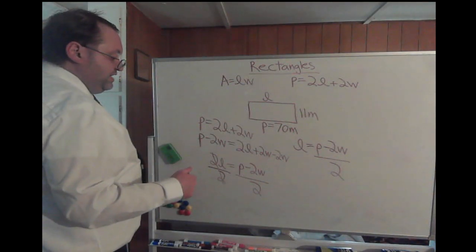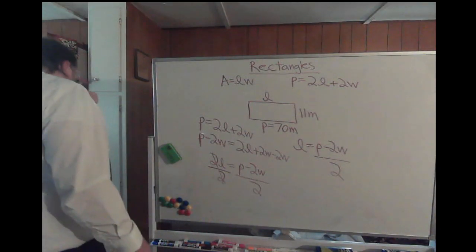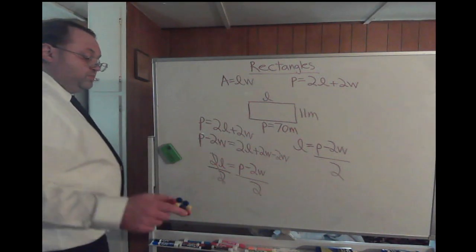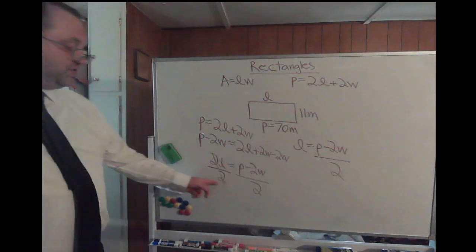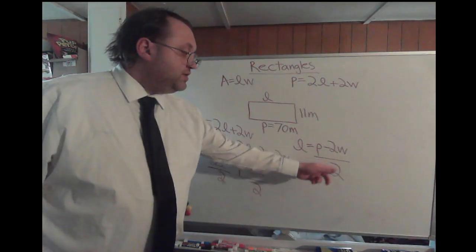And then I was left with twice the length is equal to the perimeter minus twice the width. Well, I want to get the length by itself, so I had to divide both sides by 2. So the length is equal to the perimeter minus twice the width all over 2.